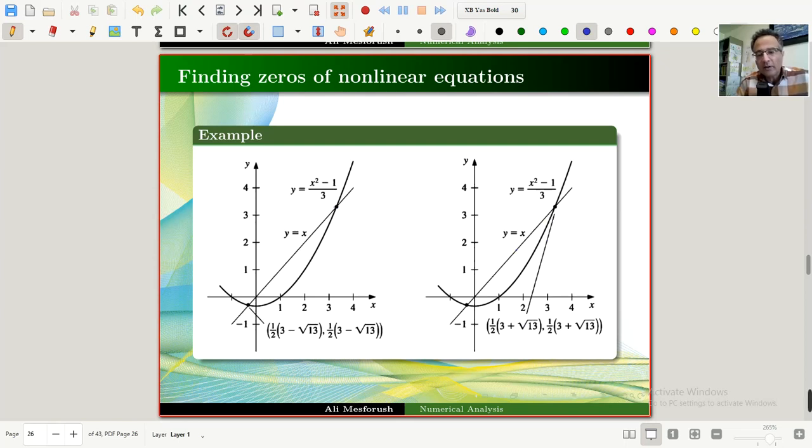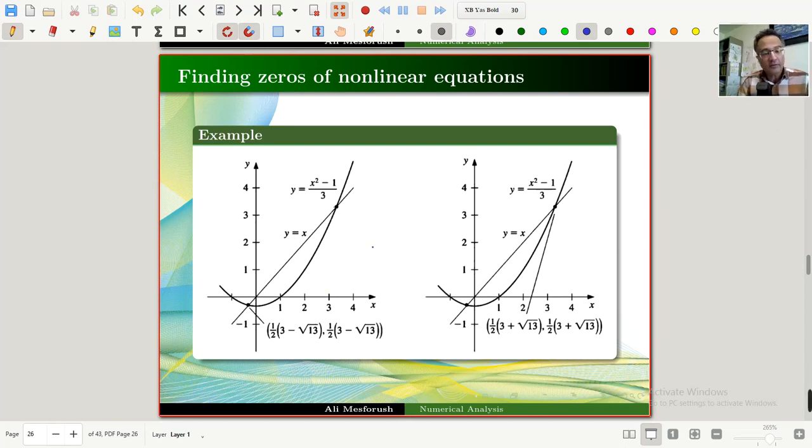Both of these two points are fixed points, but the clue is that in the interval minus 1 to 1 there is just one fixed point, and in the interval, for example, 2 to 4, there is also just one fixed point.